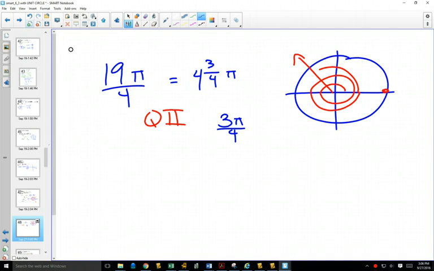How big a number do you want? Not too big? How about something like 43 pi over 6? As a mixed fraction, what would that be? 7 and 1/6.